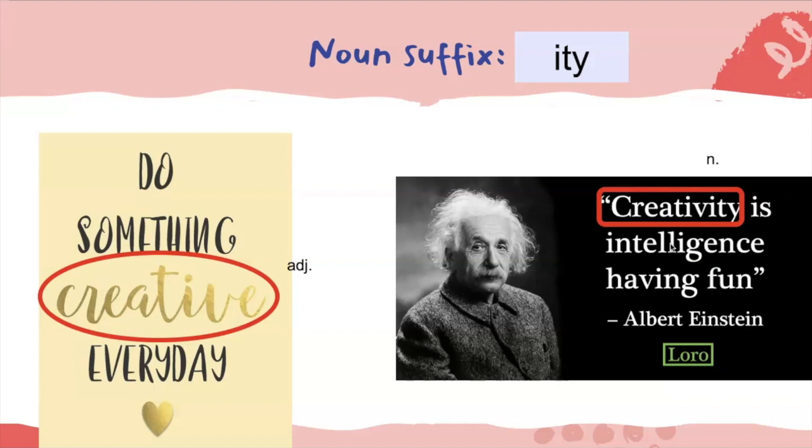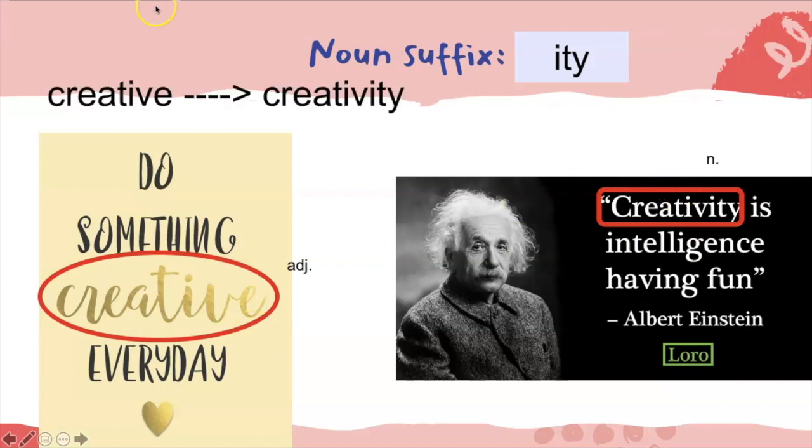It is a subject of this sentence, and subject is always a noun. That's why creativity here is a noun. And it is the noun of creative. As you can see here, we add ity at the end of the word creative again to form a noun. So we have creative to creativity, from an adjective to a noun.